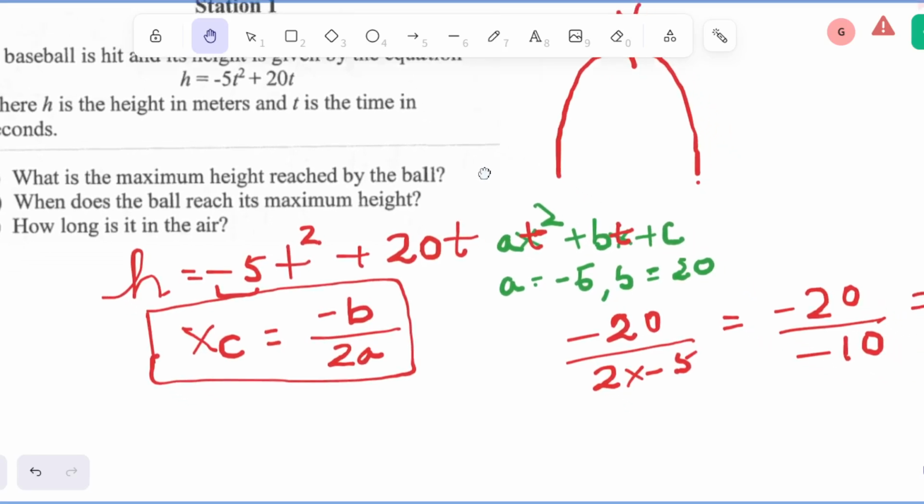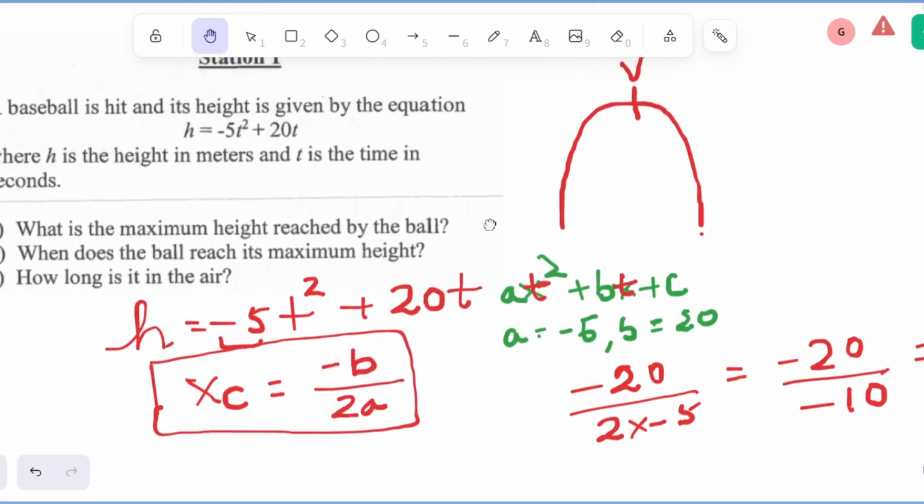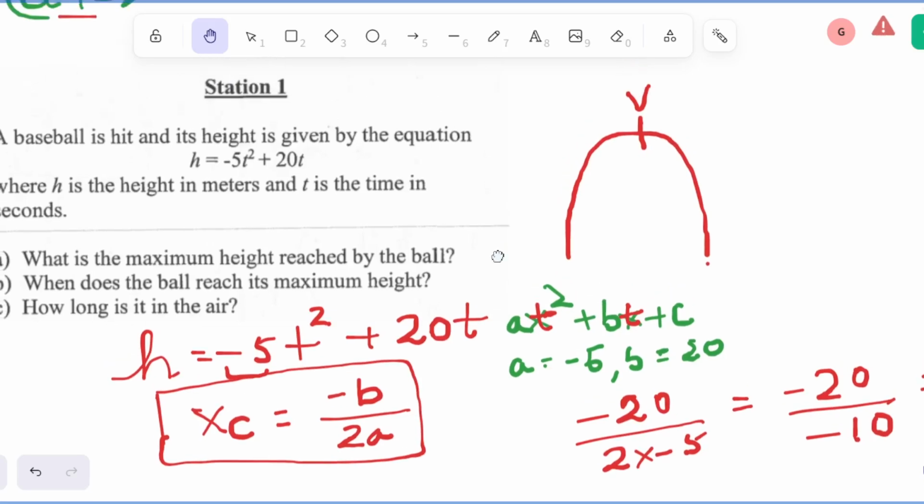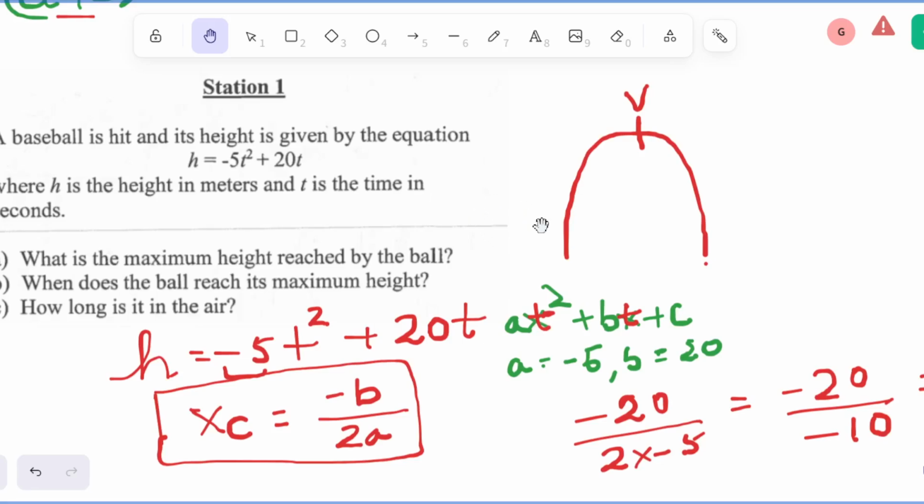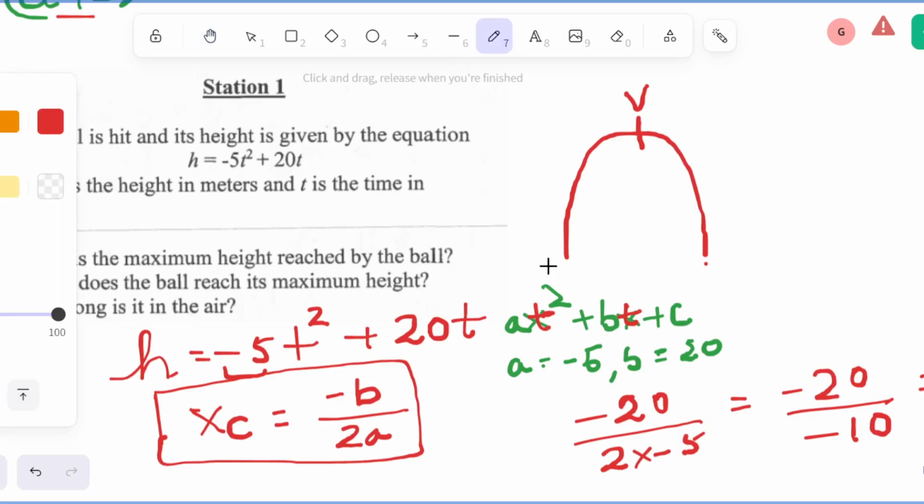What's the maximum height reached? They haven't told any units. Okay, sorry, this is the x coordinate, right? Let me draw a line like this. If I have the coordinate plane, right? So this is your x coordinate, and this is your y coordinate.